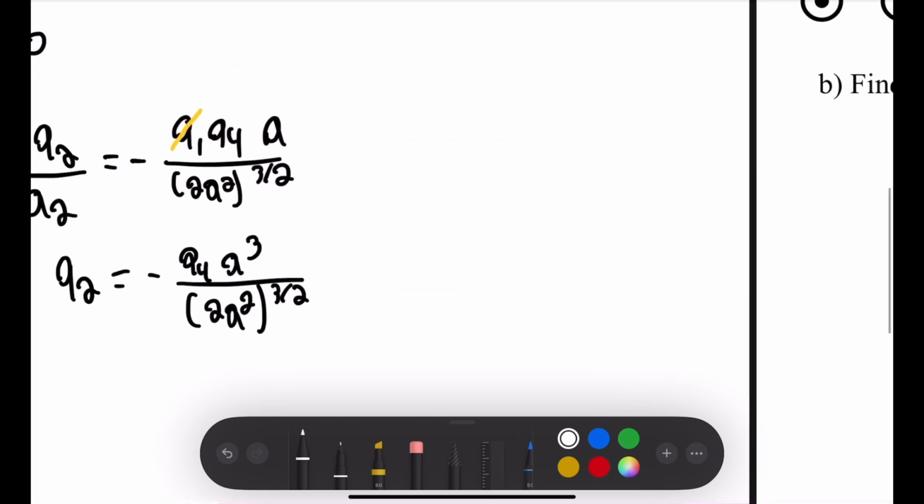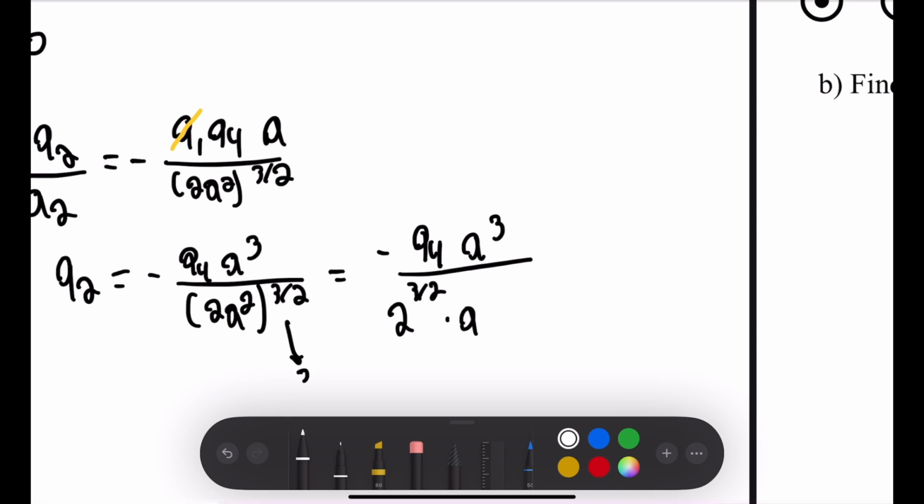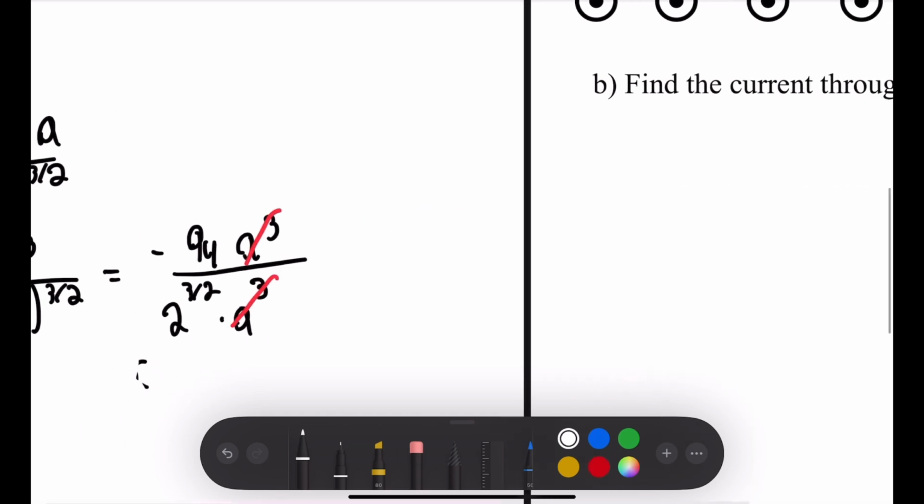Now to simplify this, I can break up the bottom. So I get negative Q4 a cubed divided by 2 to the 3/2 times a to the 3/2, because the exponent is 3/2 times 2. So the 2's go away, and it's just a cubed. So the a cubes cancel, and I'm left with negative Q4.